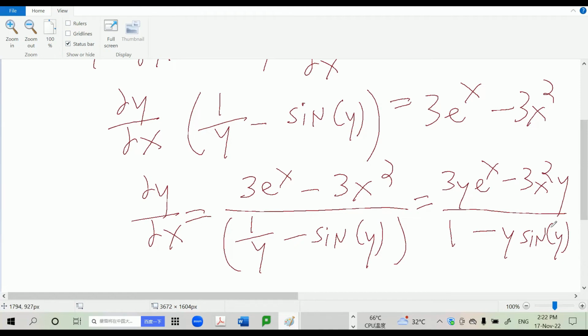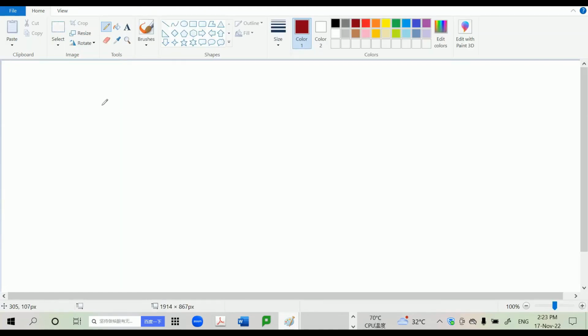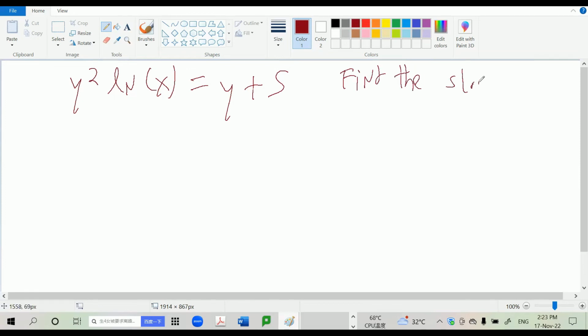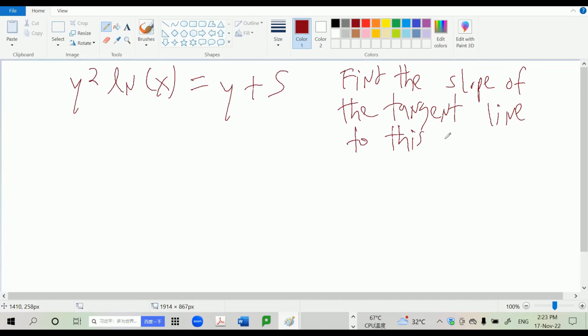All right, let's do another problem. So let's say I have this equation. And I want you to find the slope of the tangent line to this equation, right?